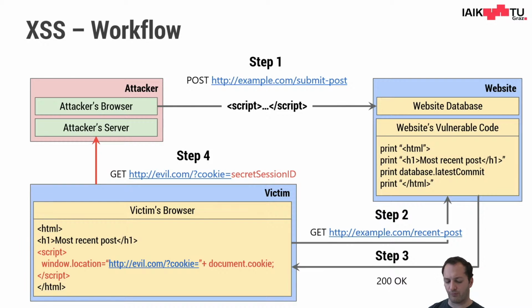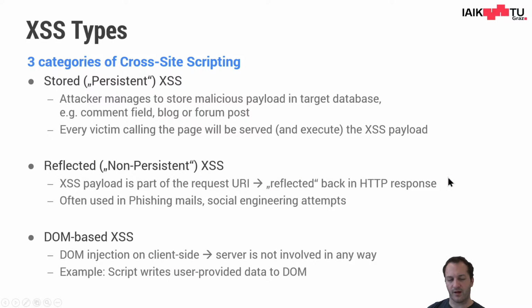And well, as I just said, in this example the website would remember what the attacker injected, and this is commonly known as stored or persistent cross-site scripting. So the attacker manages to store a payload in the target database or the target file or whatever, which remains there. You can remember this like a comment field, a forum post, and we have many blogs, content management systems.